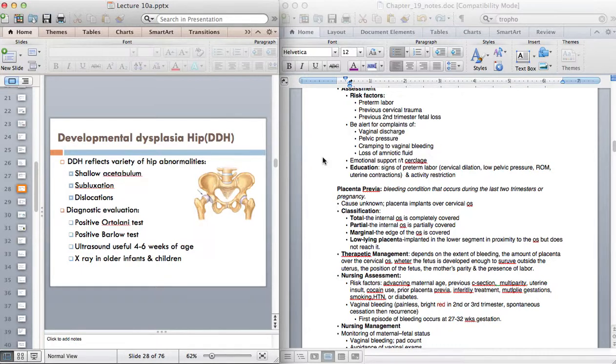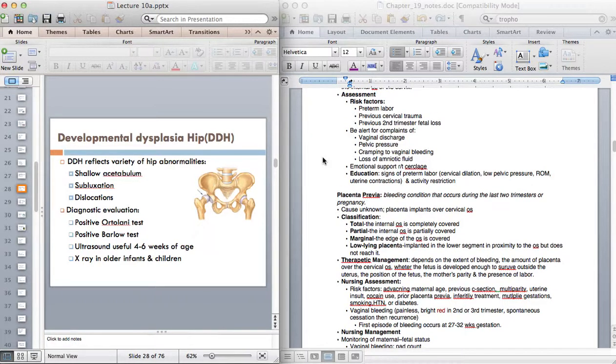Ultrasound can also be used to diagnose that, and you will see the dysplasia on the ultrasound. But in older children, they will use X-ray, where if you look at the X-ray of the hip, you see the deformity.